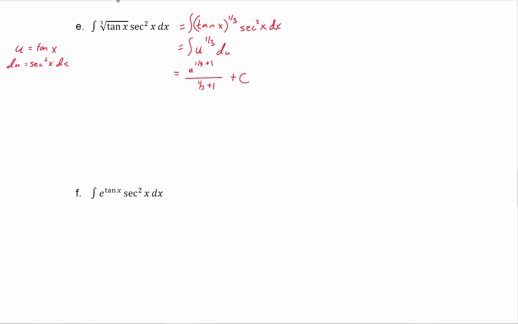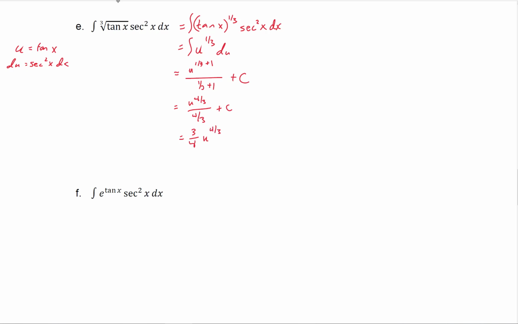Because we're doing an indefinite integral. So this becomes u to the 4/3 over 4/3 plus c, which then, simplifying, we get 3/4 u to the 4/3 plus c.